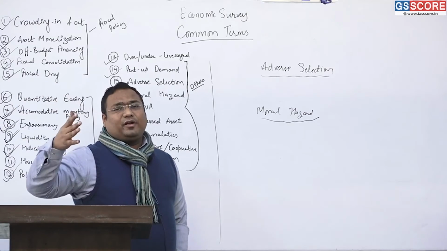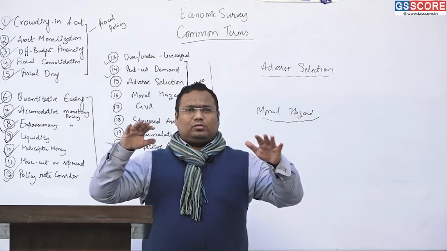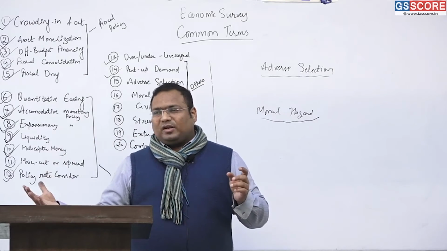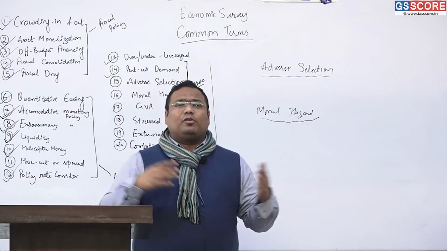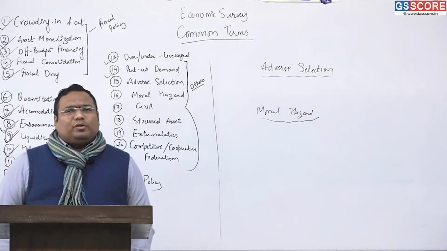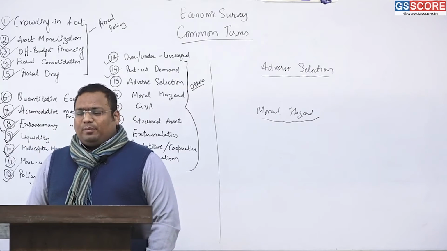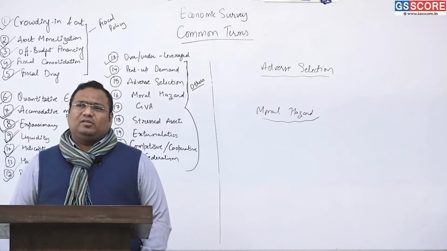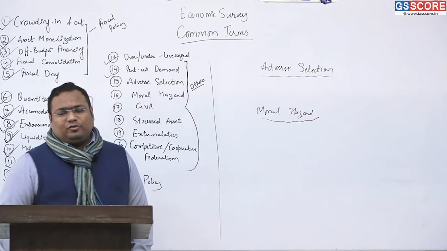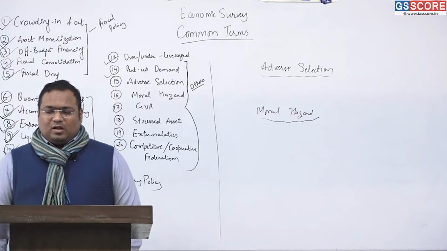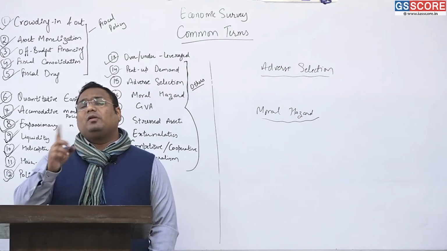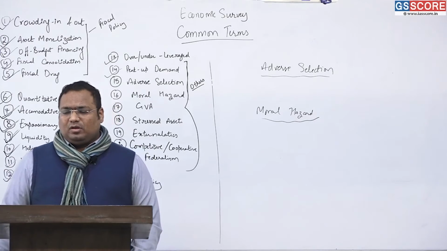There is asymmetric information. Asymmetric means the information on both sides is not the same. The customer has more information about himself but is not revealing it. The company has only the information which the customer provides, and on that basis they are selling insurance policies and giving loans. So this situation leads to adverse selection, and this happens when there is inadequate information with one party, asymmetric information.